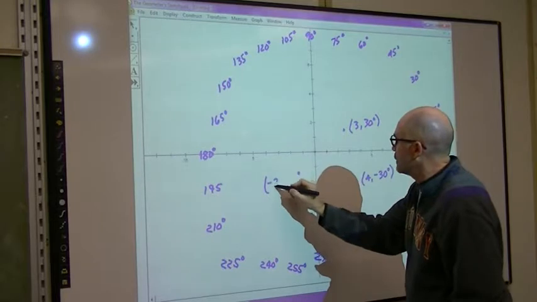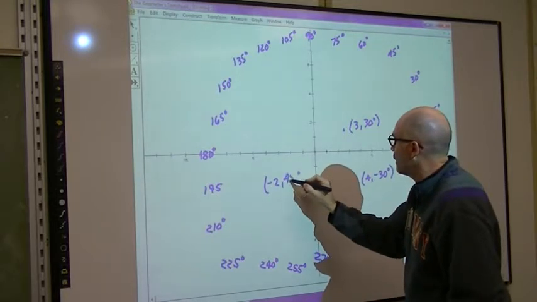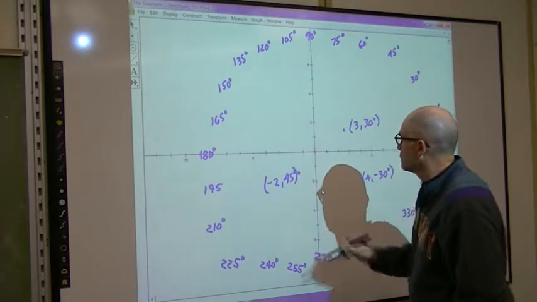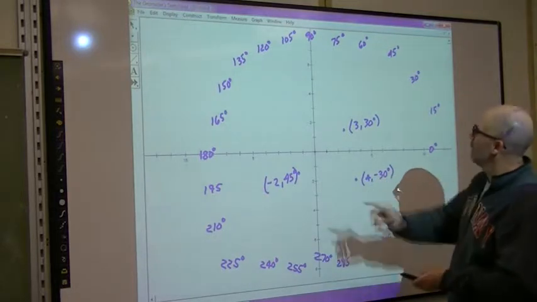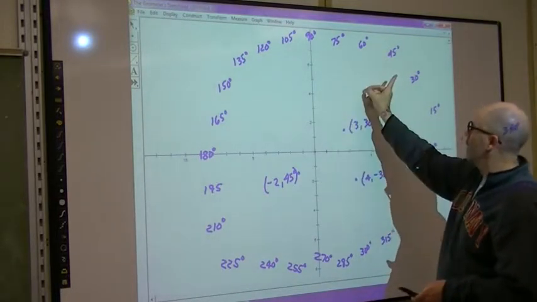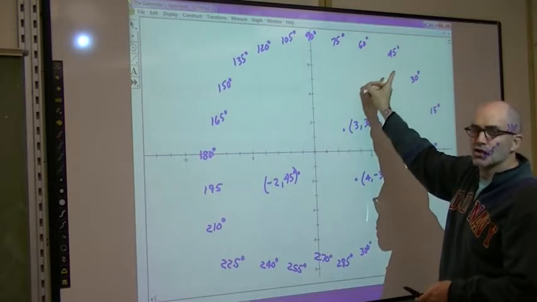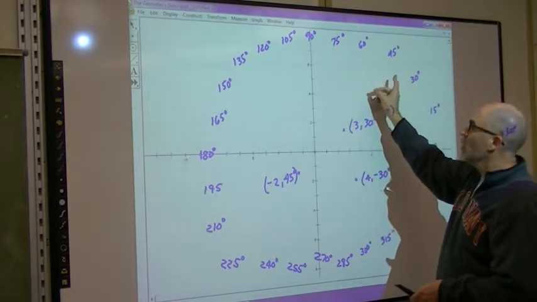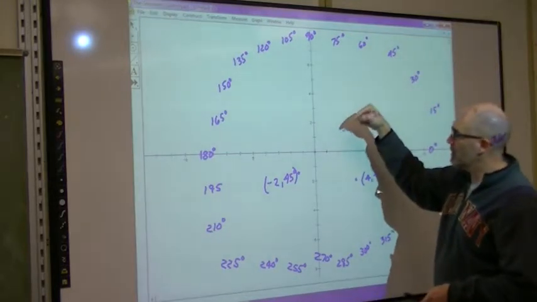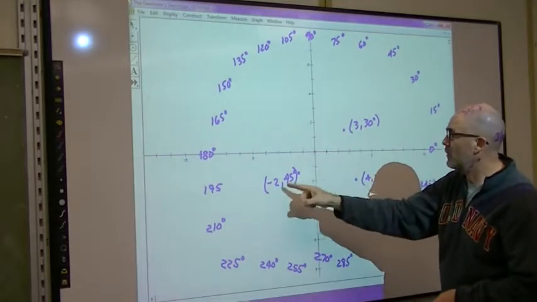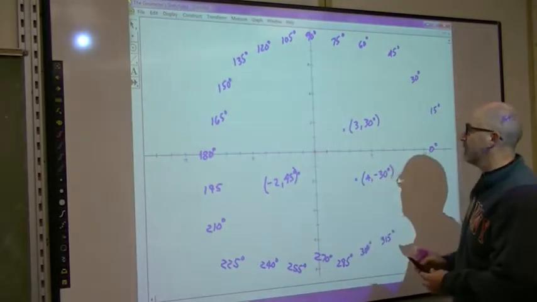This is negative 2 in the 45-degree direction. Notice 45 is going that way. That's the positive direction toward the number 45. Well, the negative direction is going to be back the opposite way. So there's (negative 2, 45).